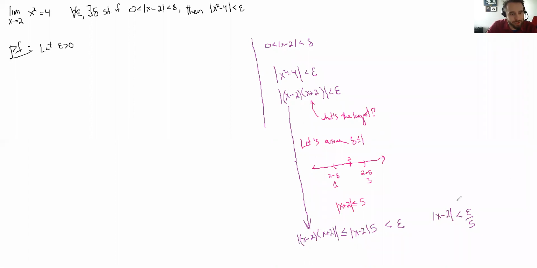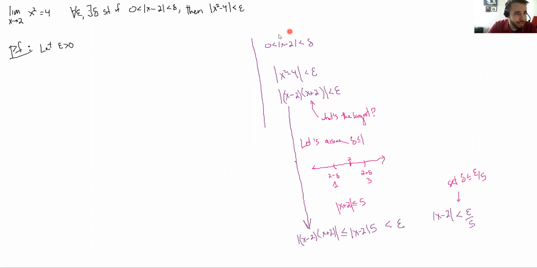Since I want |x minus 2| to be less than epsilon over 5, and I'm going to have |x minus 2| be less than delta, I can try to set delta to be less than or equal to epsilon over 5. And it turns out we have two conditions that we want delta to satisfy. We want delta to be less than or equal to 1. That lets all of this thought process make sense. And we want delta to be less than or equal to epsilon over 5, so that this makes sense.